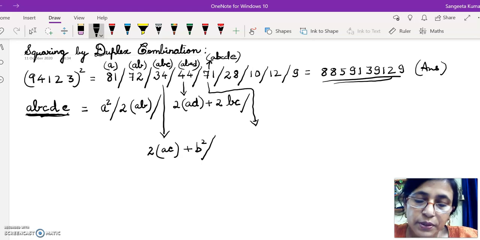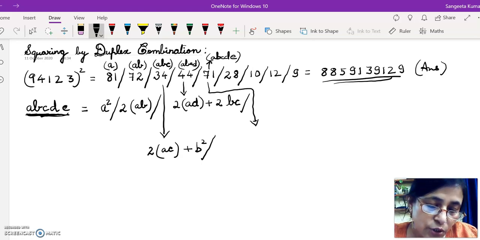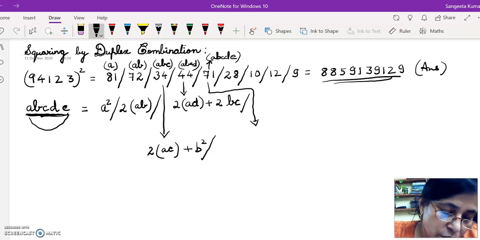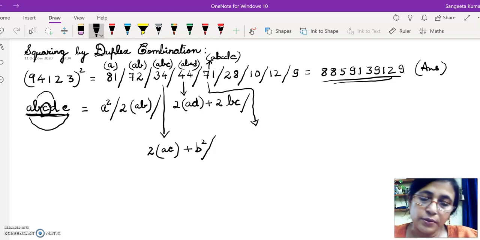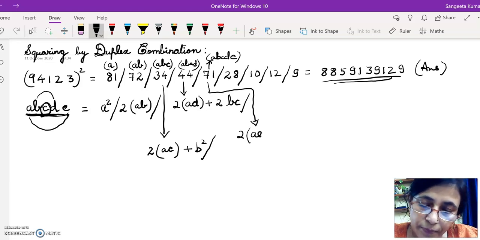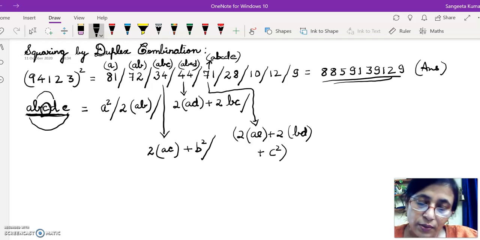The outside numbers, I have to find twice of it, like A into E. So this is twice of A into E plus twice of B into D plus C square. This gives me the fifth part of my answer.